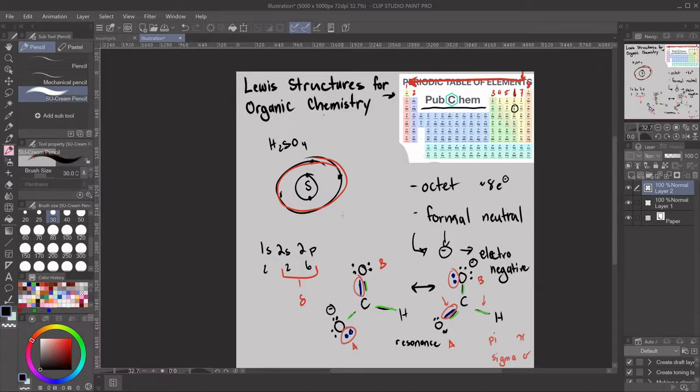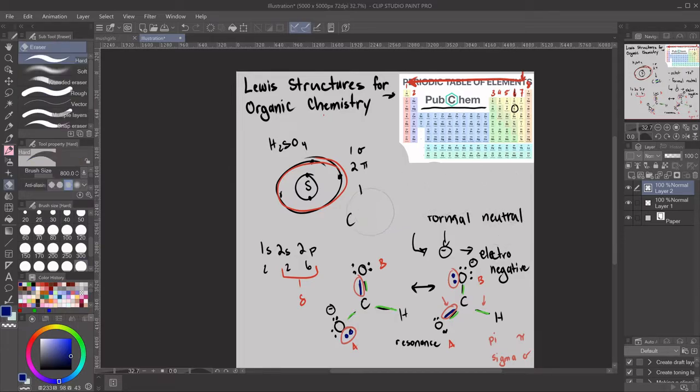For example, a triple bond right here is made of 1 sigma and 2 pi bonds, where the sigma is that base right here, and the pi bonds are whatever is extra. So when we talk about resonance, we're talking about the movement of electrons, but our constitution, the base structure, will remain exactly the same.